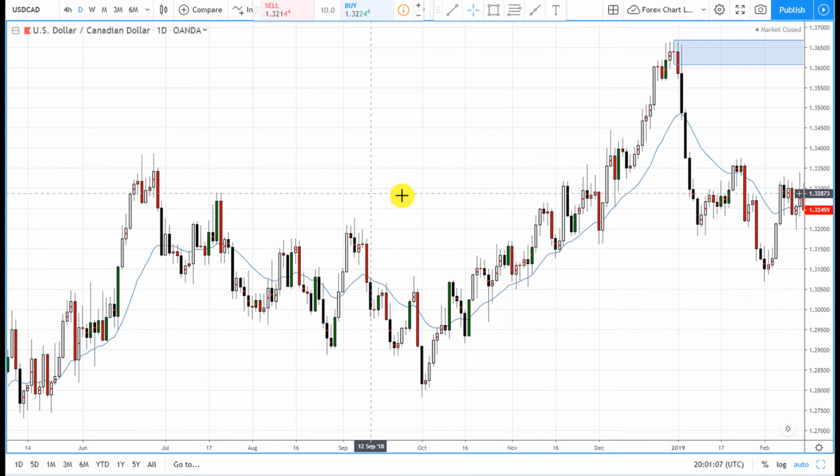So I'm just trying to figure out where the demand zones and the supply zones are on this daily chart. So we have a supply zone right here, demand zone right here, supply zone right here, and then a demand zone down here, another demand zone right here.